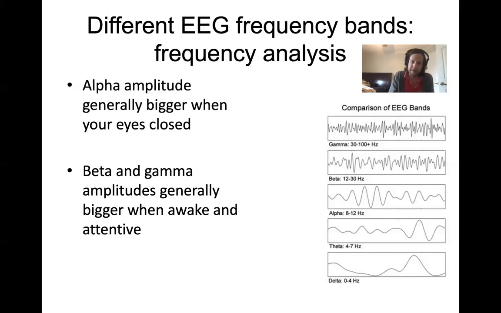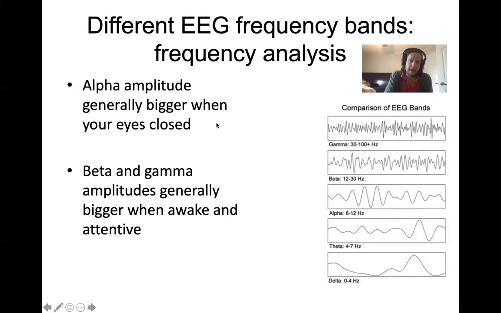With frequency analysis, you take the initial raw EEG trace from the video and filter it, asking: what is the amplitude of the delta waves in that trace? The theta waves? The alpha, beta, and gamma waves?